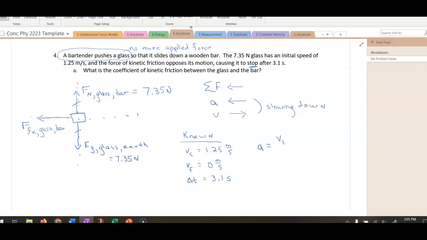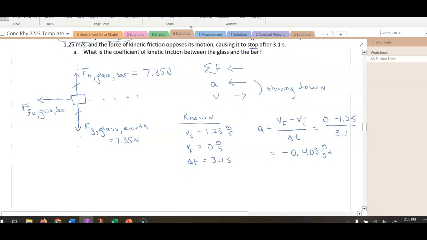The definition of acceleration is the final minus initial velocity divided by the time. I'm going to use that equation. And I get a negative 0.403 meters per second squared. So that's good that I know the acceleration.